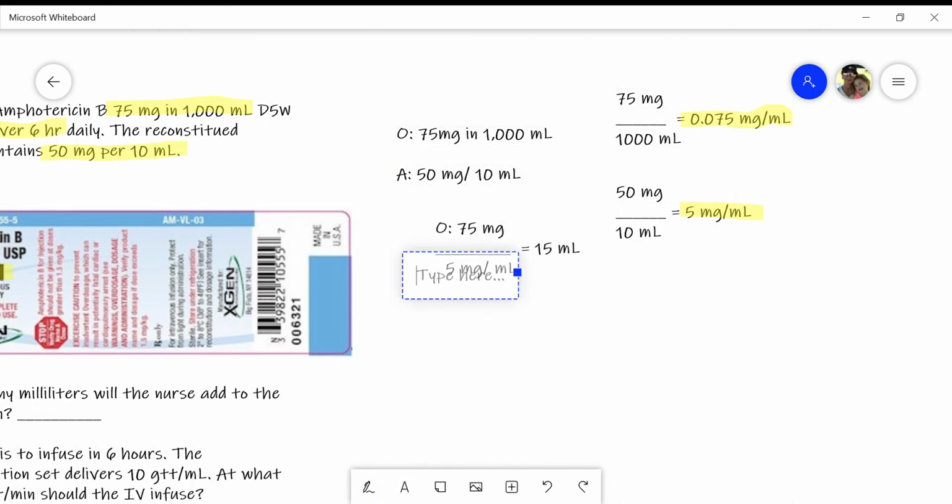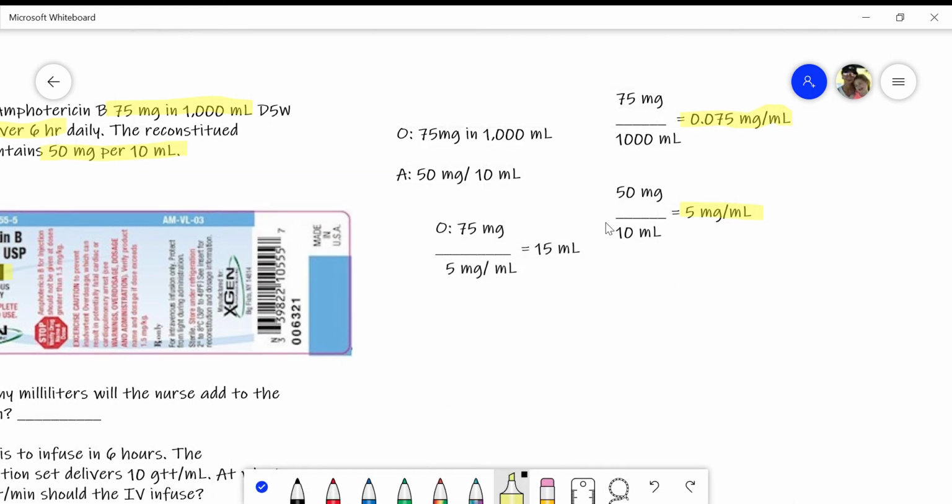And that's what we would add to our solution, or to the IV, excuse me. Does that make sense? Because that's our order, and then that is our milligram a milliliter.